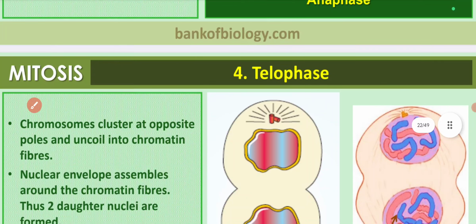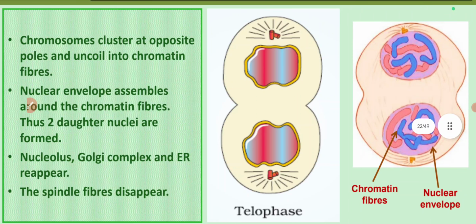Next is your telophase. What is telophase? Chromosomes cluster at opposite poles and uncoil into chromatin fibers. So chromosomes are uncoiled, or you can say decondense, and lose their individuality. This is the NCERT line: decondense and lose their individuality.